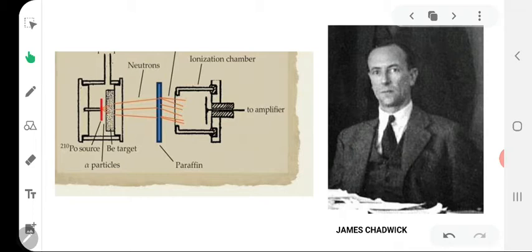Each particle was found to have mass equal to 1.675 × 10^-27 kg, which is nearly the same as that of a proton. However, it did not have any charge, that is, it was neutral in nature.